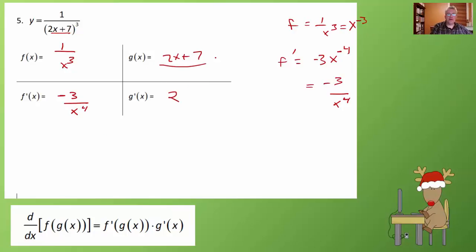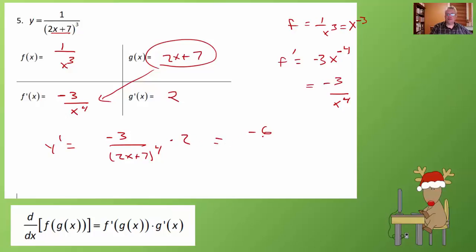Here it goes. G of x goes into f prime. 2x plus 7 to the fourth times g prime, which is 2. We can multiply the negative 3 and the 2, and we get negative 6 over 2x plus 7 to the fourth.